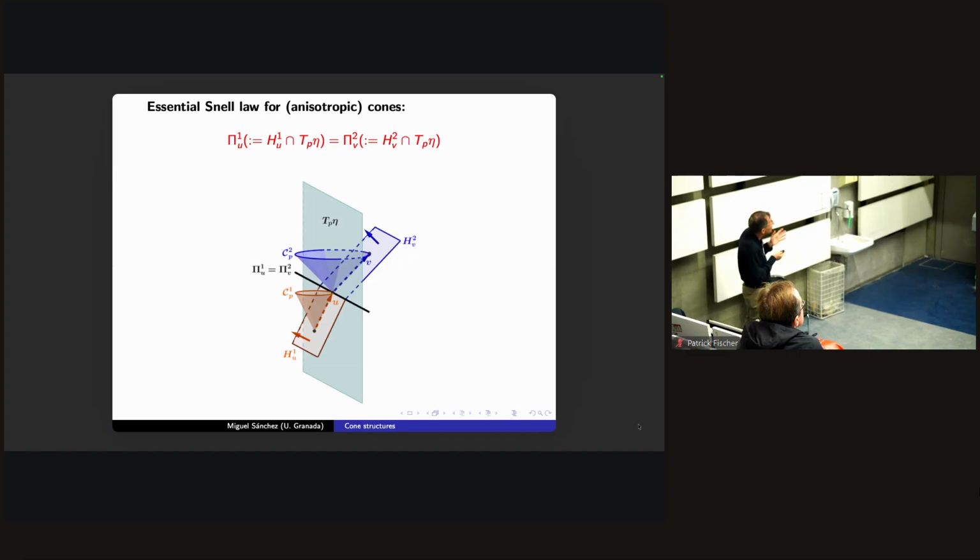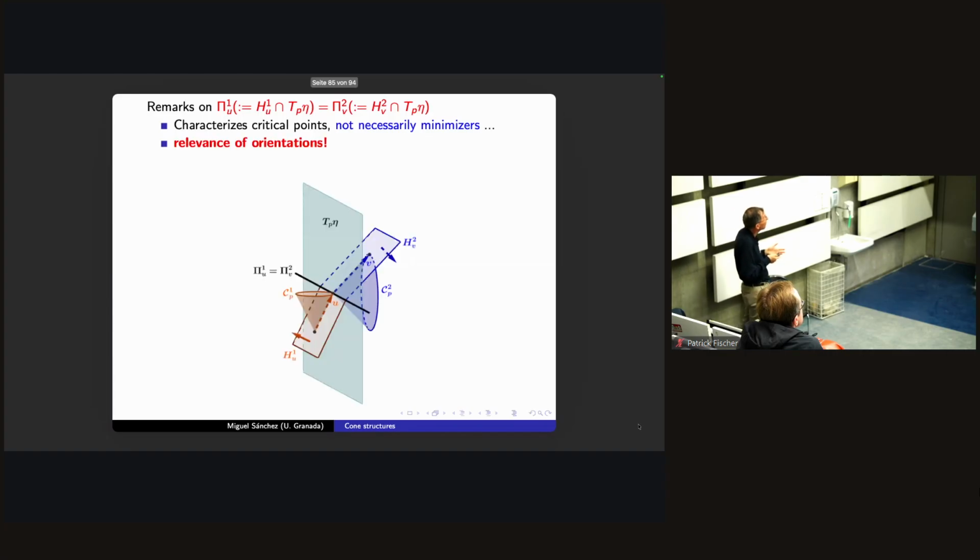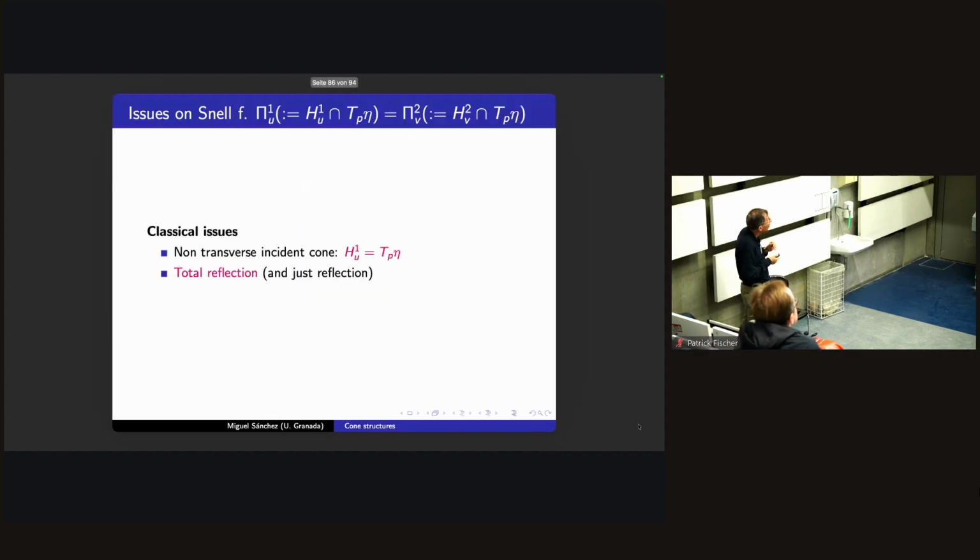Well, this is the essential Snell law, but there are quite a few subtleties. For example, the hyperplanes that I have mentioned are naturally oriented by the cones, one on one side and the other on the other side, and so when the orientations do not match, then this cannot minimize. Okay. Also, there are classical issues associated to this.